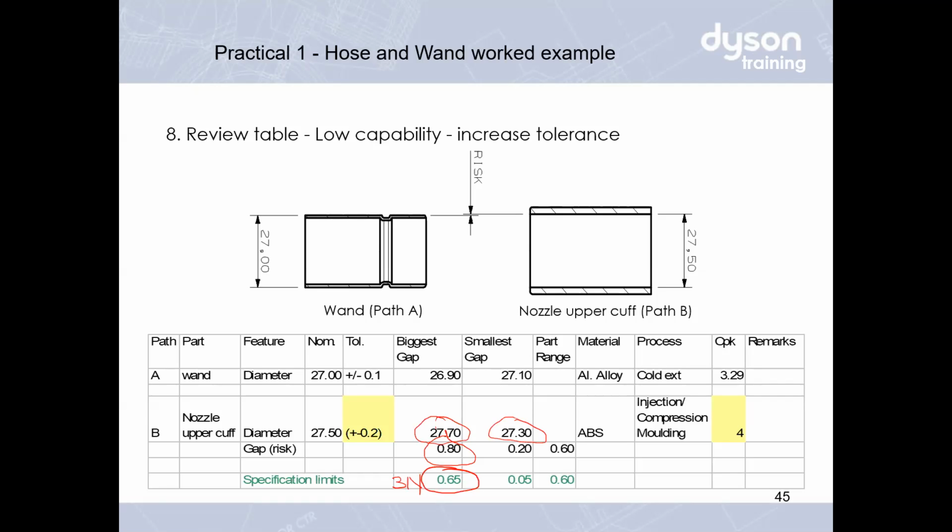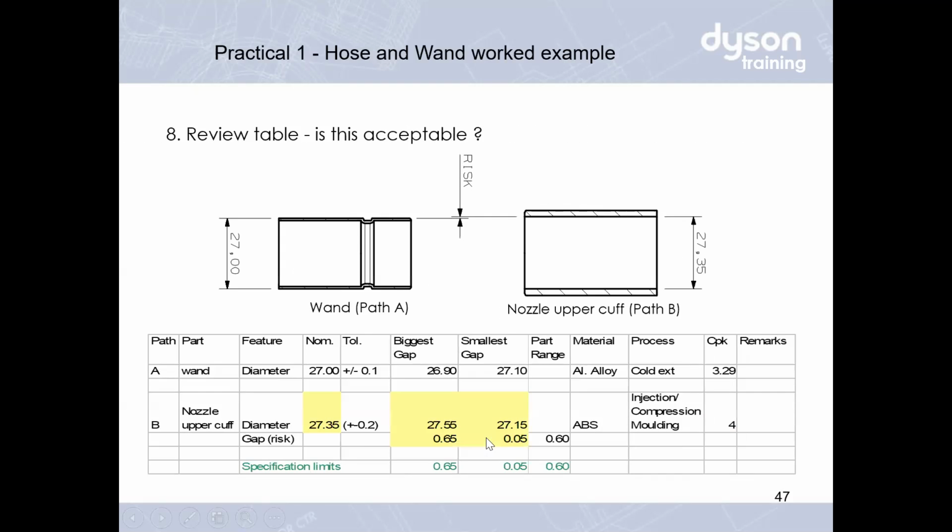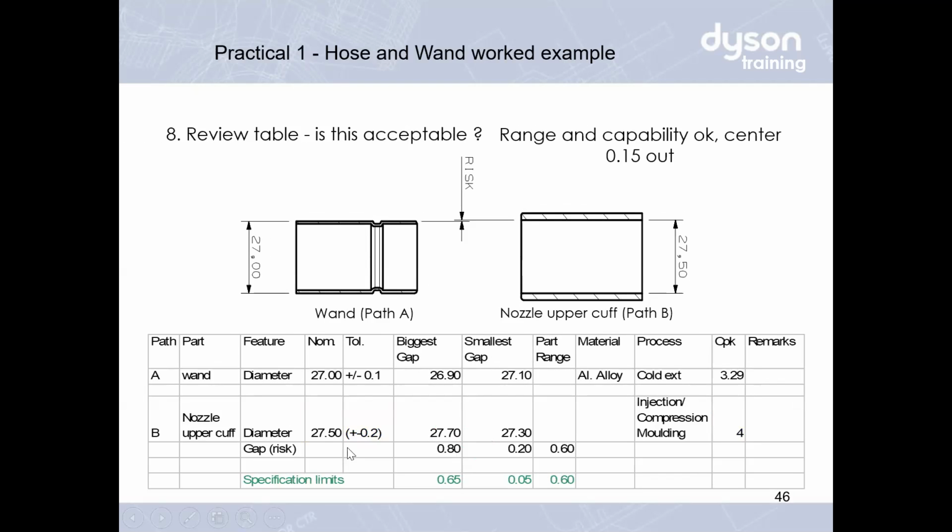So what I can do now is consider changing the parameter here to move the center until the gap is 0.65. The range of the capability, the range of CPK, is okay, but the problem is on the gap. So you see, the difference between 0.8 and 0.65 is 0.15.